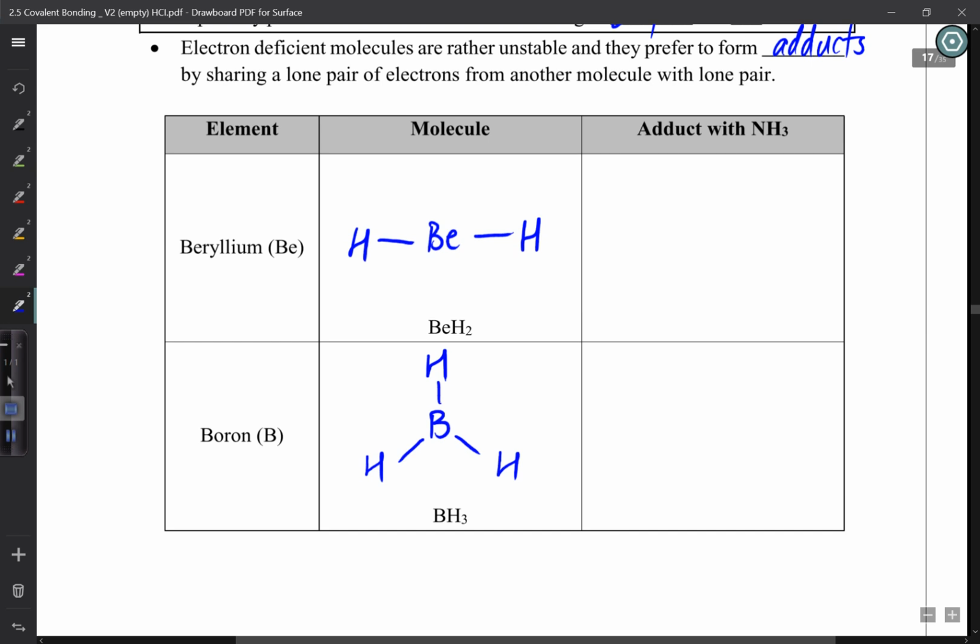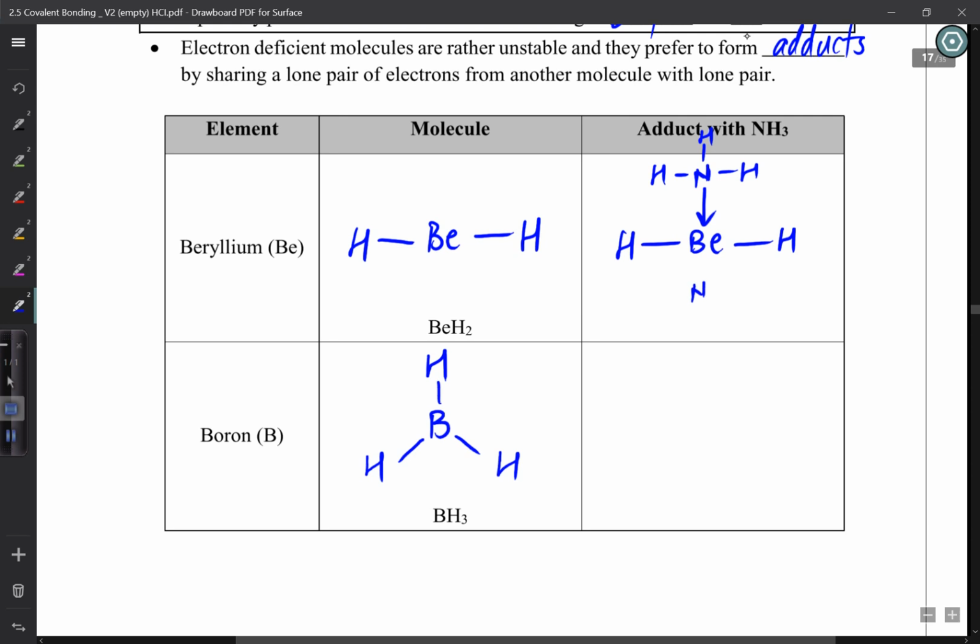Basically, if you add ammonia into these two, previously we learned about dative bonds. That's why I teach you about dative bonds. If you were to draw ammonia, we know that ammonia has a lone pair. So nitrogen is happy, but beryllium is not happy. If both of these electrons are shared with beryllium, nitrogen is still happy, but now beryllium gained 2 electrons, so it's closer towards 8 electrons.